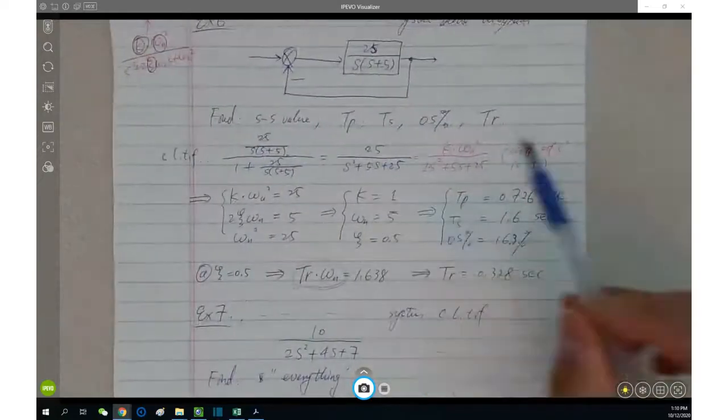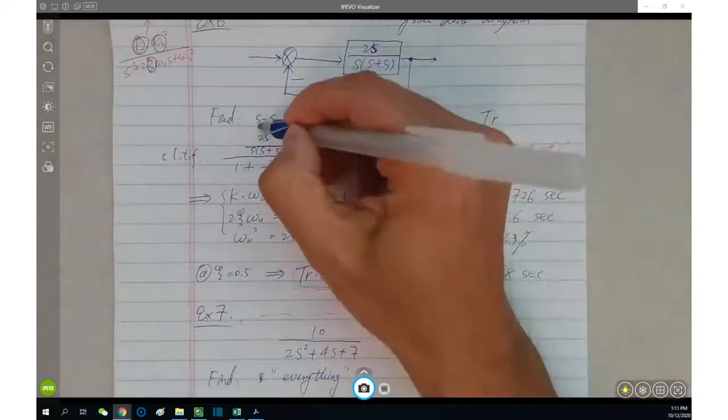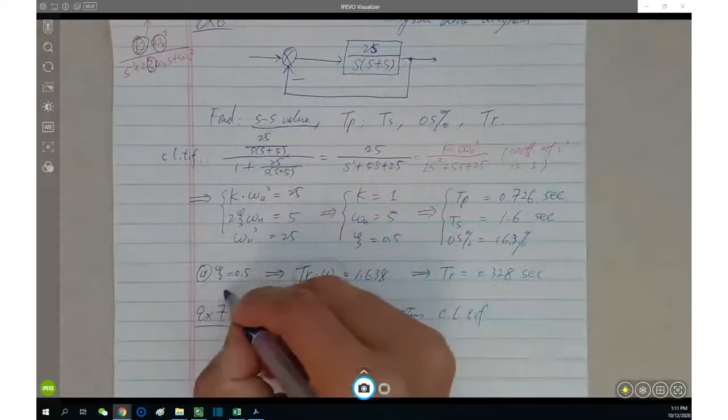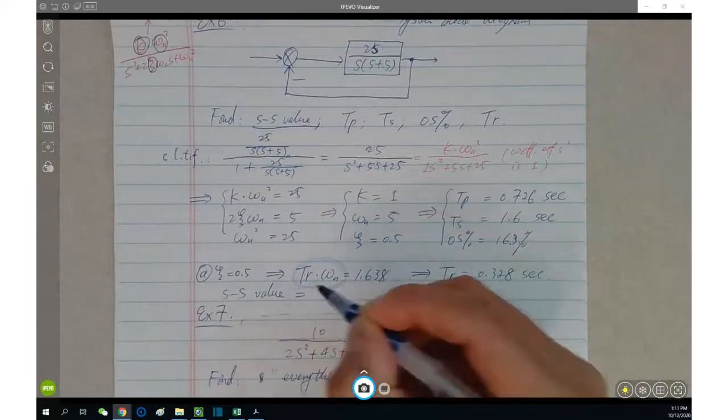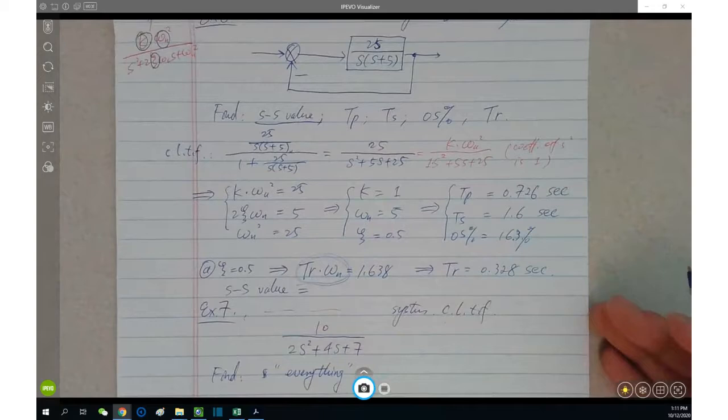Everything means the same values. Oh, by the way, here, the steady state value. Anyone know what the steady state value of this example 6 is? Anyone remember how to find the steady state value?